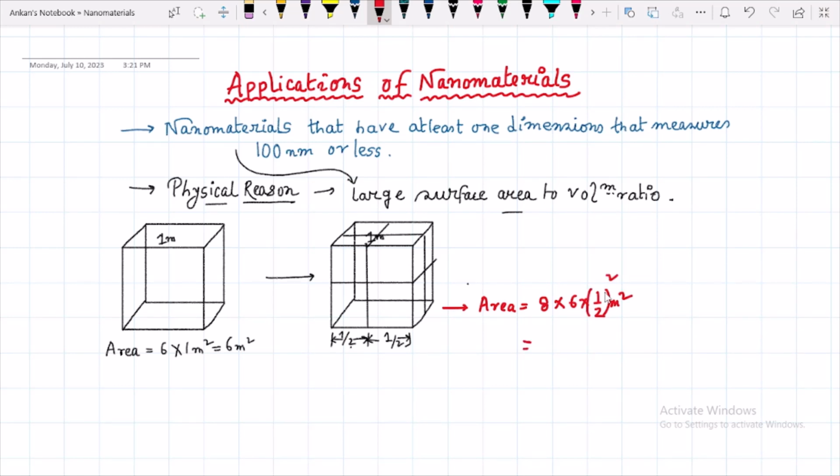So 4 into 2, that is 12 meter square. You can see that the equal division creates an increase in the surface area of the order of double.